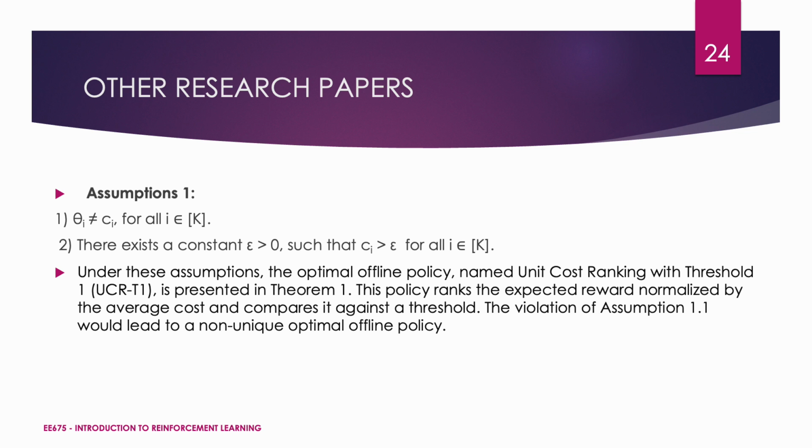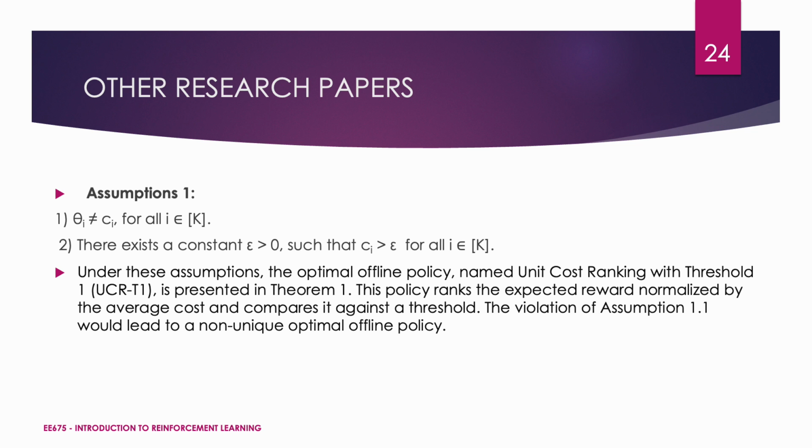Further, we assume that the cost of pulling each arm is greater than a positive constant epsilon. This condition is necessary to prevent division by zero or error and maintain a well-defined framework. Under these assumptions, the paper presents the optimal offline policy named the unit cost ranking with threshold 1.